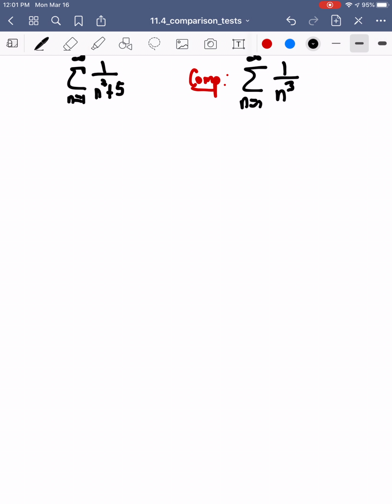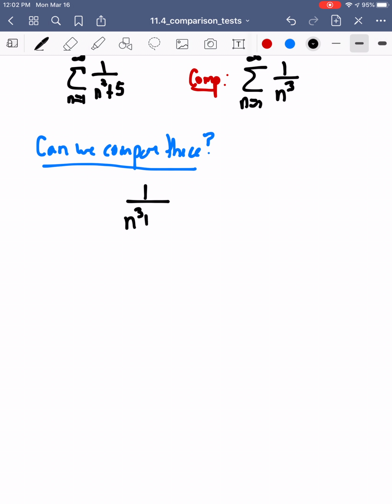And well, where we're going to go next is actually say, can we compare these? In other words, can we take these series functions, 1 over n cubed plus 5 and 1 over n cubed, and can we compare them, as in set up an inequality?